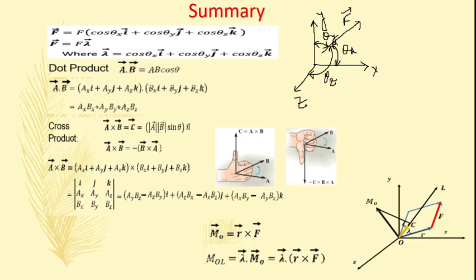For the cross product, a cross b is equal to c, whose magnitude is mod a into mod b into sine theta. It is the area of the parallelogram created by these two vectors, and n is the unit vector along the direction in which the cross product acts.